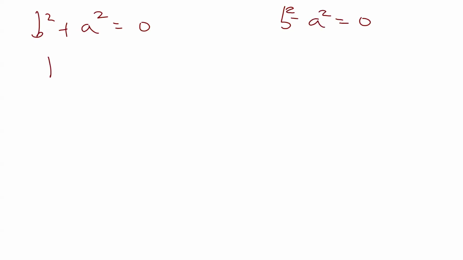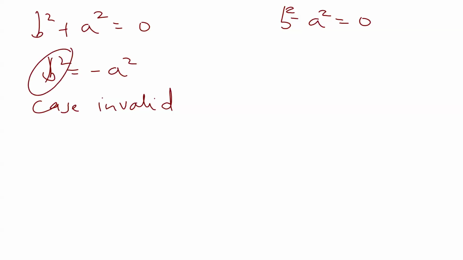So b square is equal to negative a square. Now a square is always positive, so positive into negative is negative, but b square can never be negative. So this case is invalid, because you put any value of b, b square is going to be positive, but then we are getting negative over here.